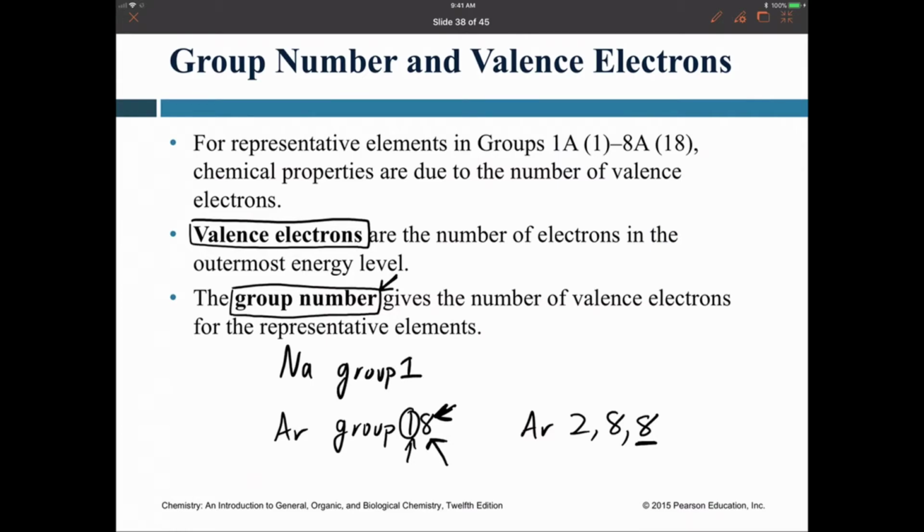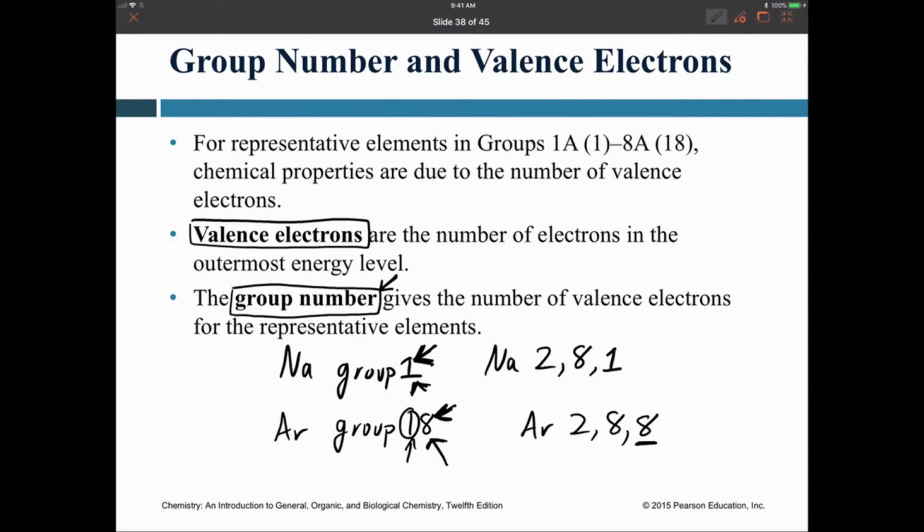There's only one number in group 1, so you just look at that number and say sodium should have 1 valence electron. It has 11 electrons total, so sodium's arrangement would be 2, 8, 1. For group 1 and group 2, you don't have to ignore any numbers, you just look at the group number. So sodium has 1 valence electron.